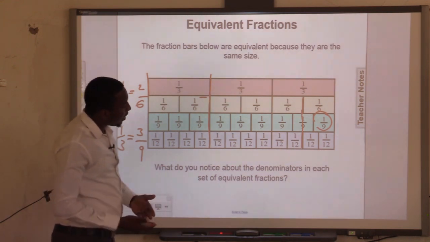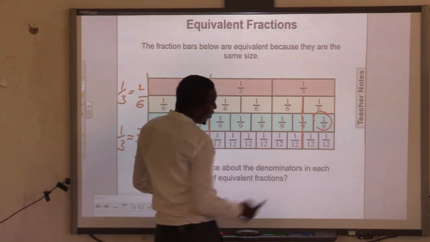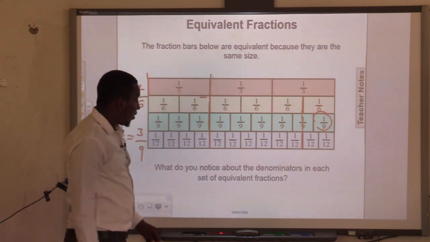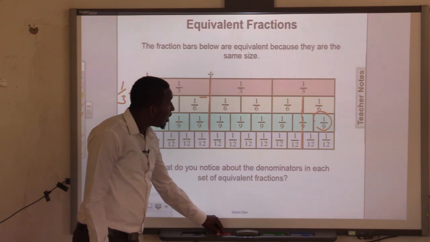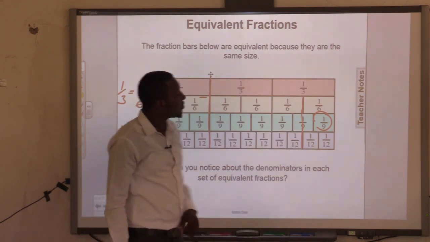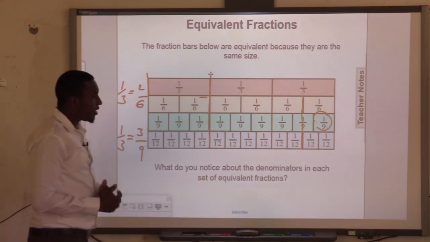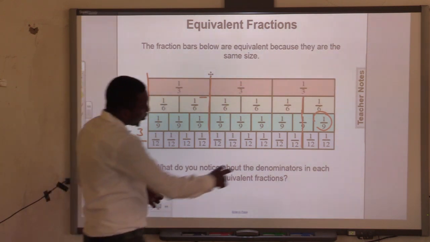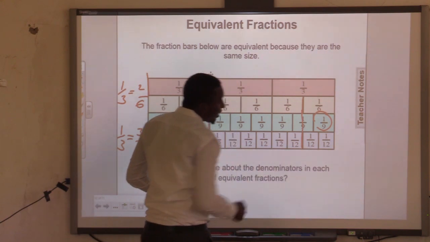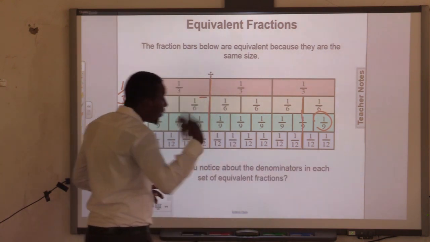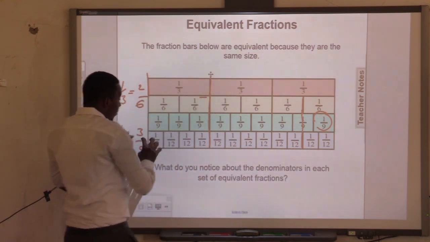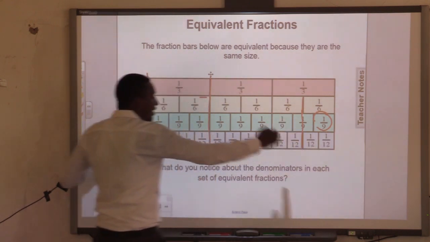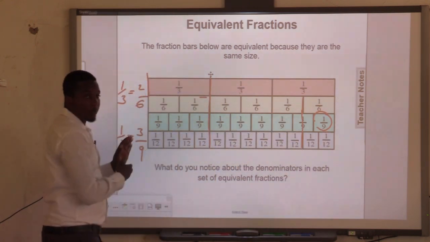But we can go further to look at 1/12. Well, 1/12, if you compare it with 1/6, you realize that you have 2 1/12s that you can add together. And remember, the way we get the 1/12 is we have a whole and divide it into 12 equal parts.